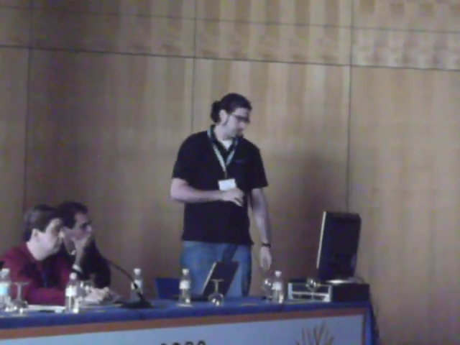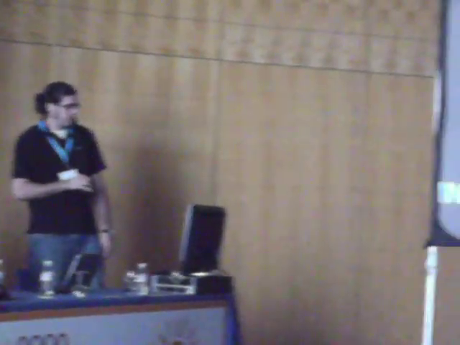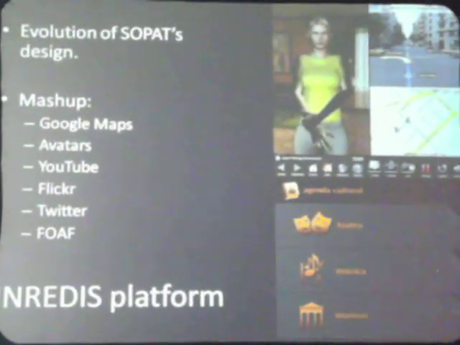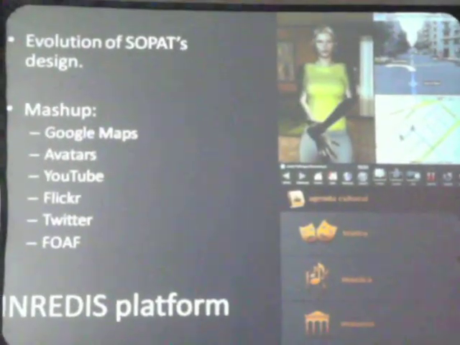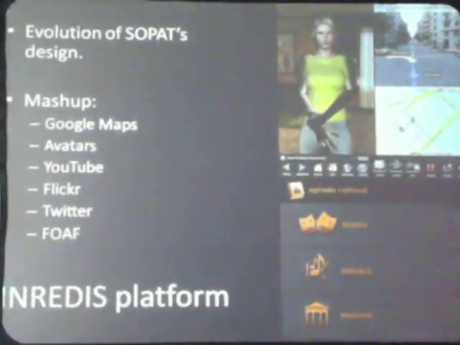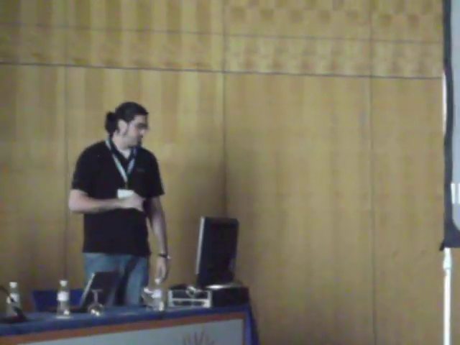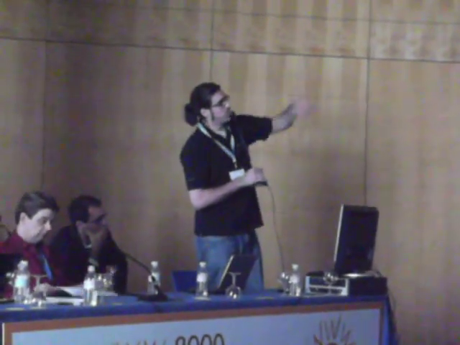The last interactive community display I will show you is the prototype that we are developing for the Infradis project that my colleagues have presented very well. It's an evolution of the SOPAT design website. It also integrates Google Maps, YouTube videos, and Flickr, but we also put an avatar that I think is being developed for Bcontent.